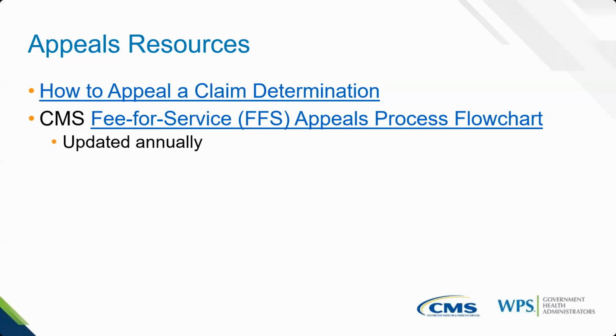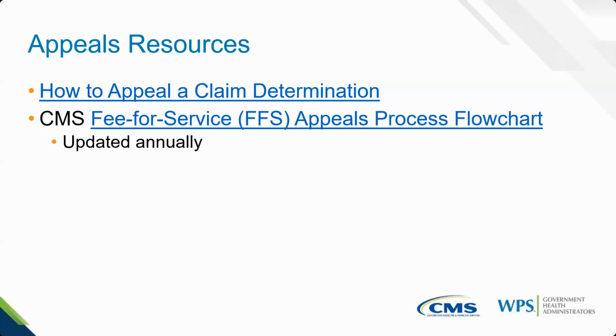And of course, we could talk a whole 60-minute presentation on appeals alone and the process and such. But I really like using this appeals process flowchart that's available on CMS's website. It includes all 5 levels of appeal. It tells you the time frame to request your appeal. It tells you the time frame to complete the appeal. It also has those minimum amounts in controversy for level 3 and level 5.